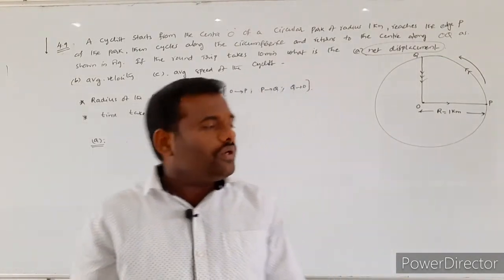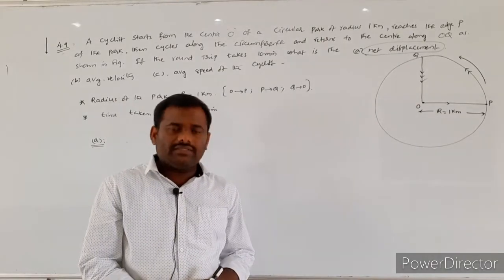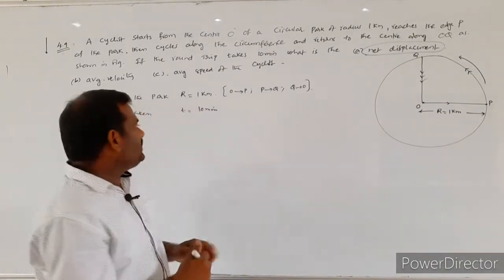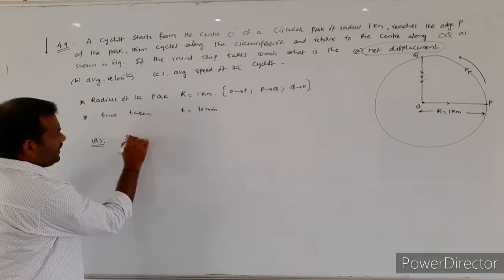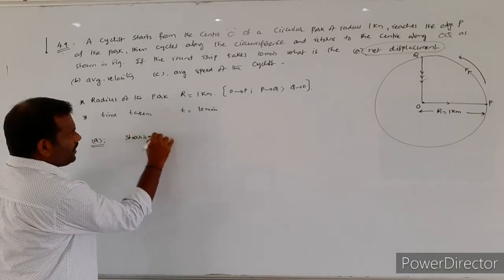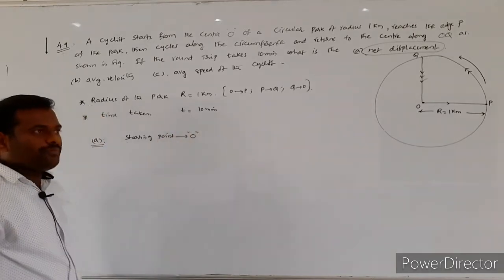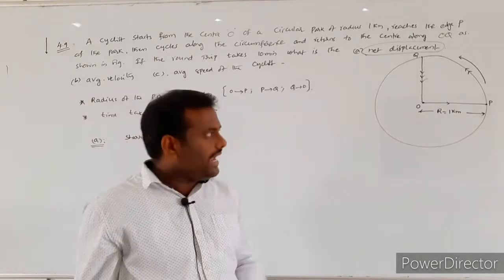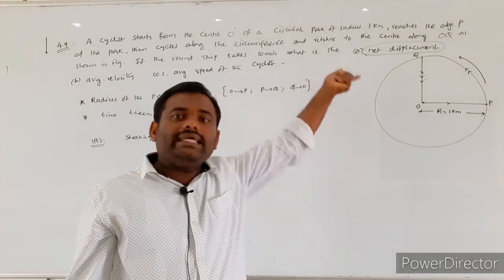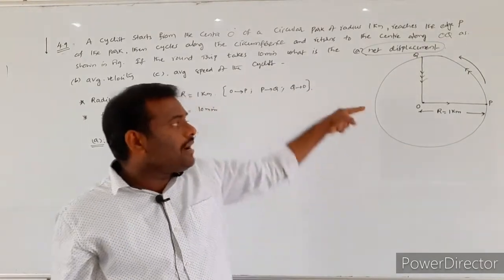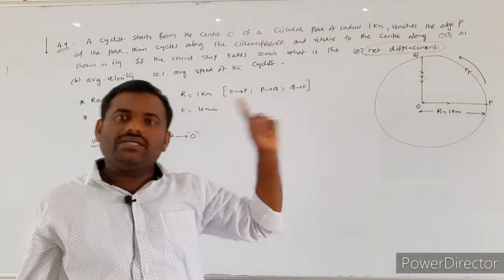So if you observe the motion of the cyclist, what is the starting point? The starting point of the motion is O. And where did the motion end? Again at the point O, his motion stopped.